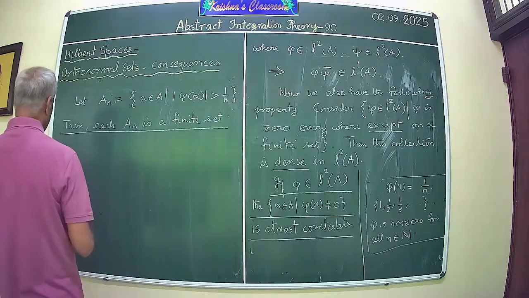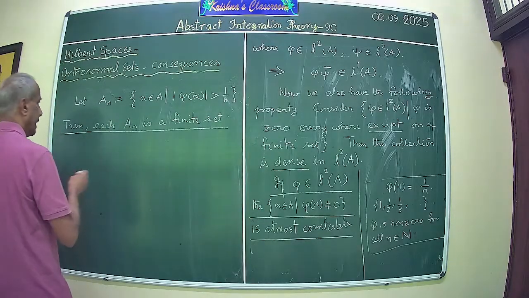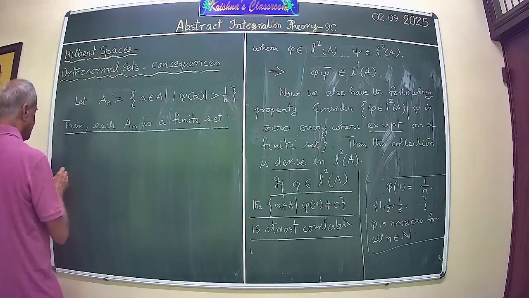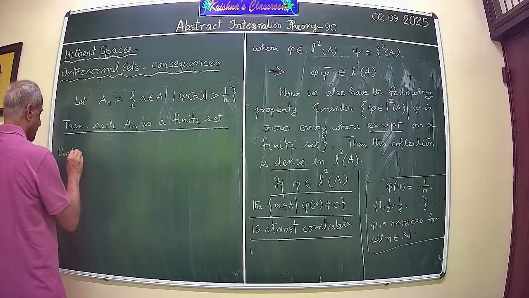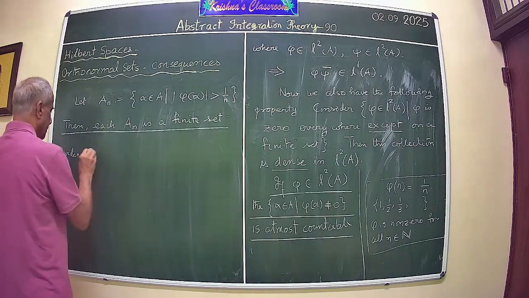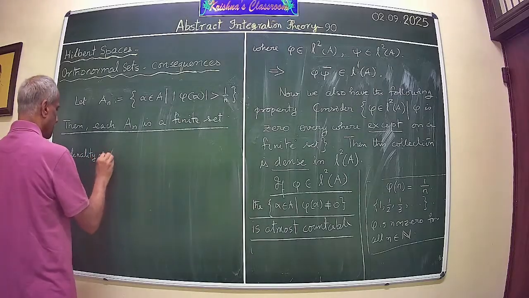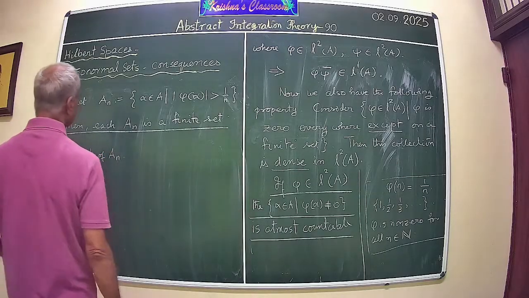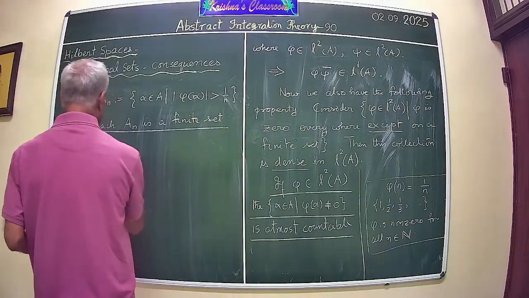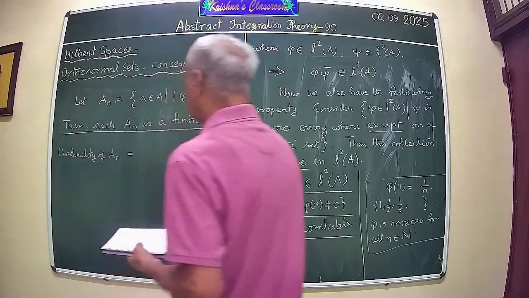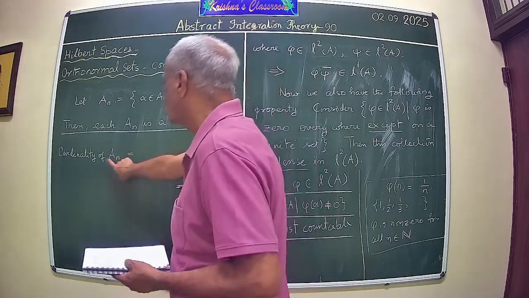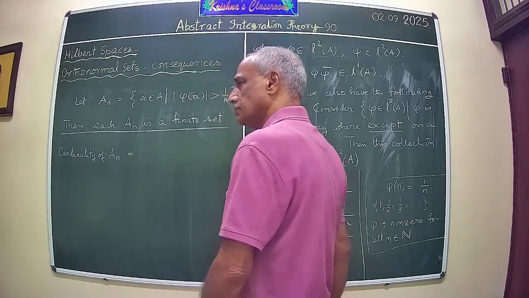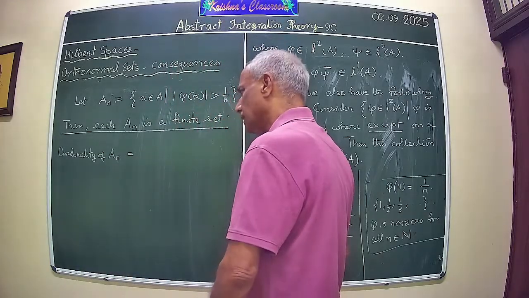So you take the number of elements in A_n. This is equal to, you take a function which is 1 at every point in A_n and sum up.